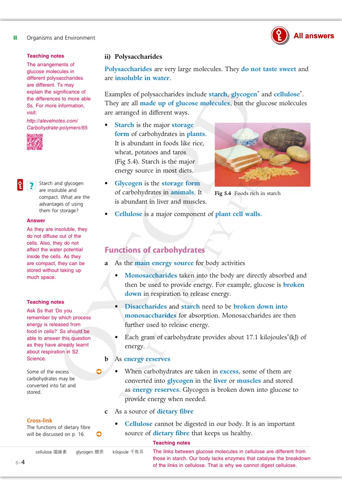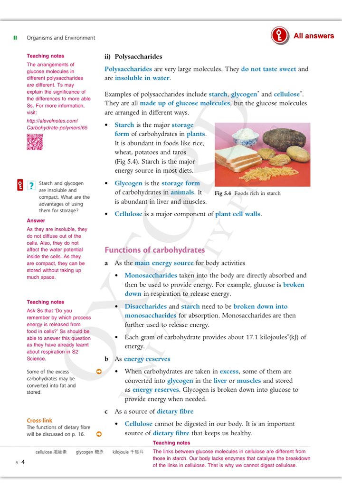Now let's focus on the functions of carbohydrates. Carbohydrates perform several key functions in the human body. First, it serves as the main energy source. Glucose, which is broken down from carbohydrates, provides energy for body activity from the process called respiration.